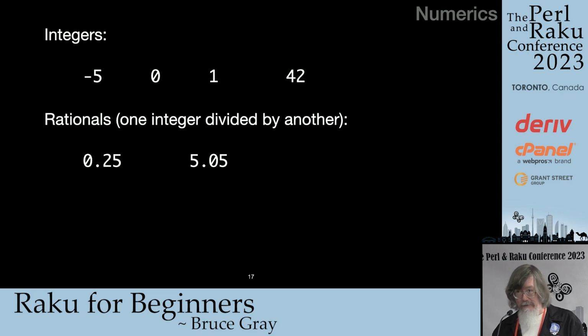It wasn't thought possible for the longest time. They figured it out. 5.05 is going to be stored as 101 over 20. You won't see it that way unless you ask to see under the covers. It'll print out as 5.05. But behind the scenes, the rationals just silently do more accurate math for you.